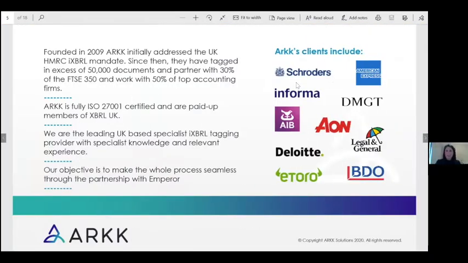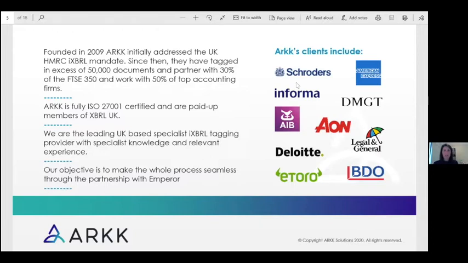So just a little bit about Arkk and our background. We were founded in 2009, so we've been around for a little while. Tagging is something we've done for a number of years. We were initially founded to address the iXBRL mandate through HMRC for the tagging that goes alongside the tax returns at year end. So we've been doing that for over 10 years now.